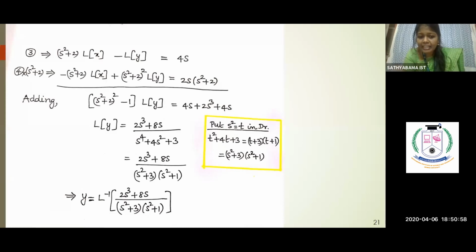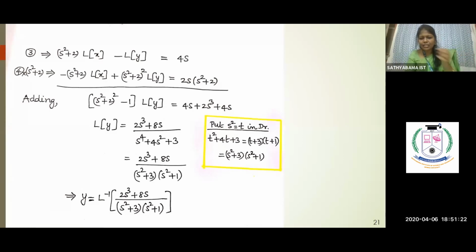What I've done is, I put s square as t in the denominator. Now when you put s square as t in the denominator, what will the denominator become? Tell me. It will become t square plus 4t plus 3. Do you understand? Why am I doing this? Because I want to factorize the denominator. So simply put s square as t. You will get t square plus 4t plus 3. Now what is t square plus 4t plus 3 when you factorize?